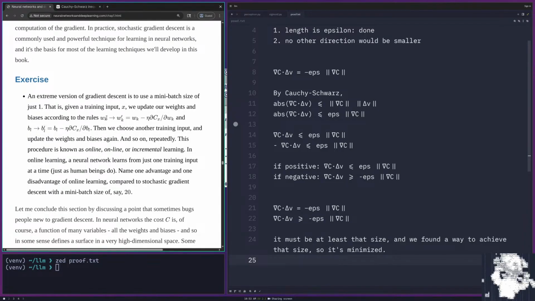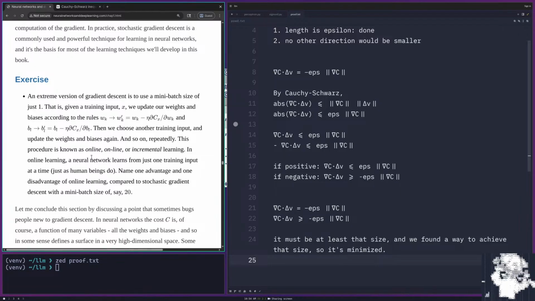And these are so hard to say out loud. b_l goes to b_l prime, which is equal to b_l minus eta times the gradient of C_x with respect to b_l. Then we choose another training input and update the weights and biases again, and so on repeatedly.